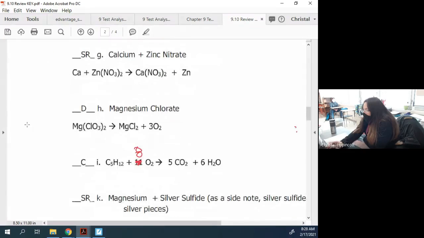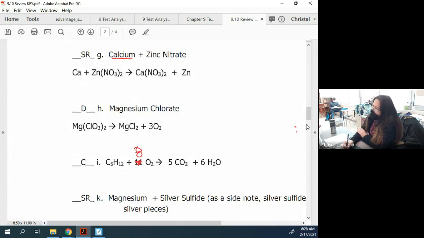Next one, calcium and zinc nitrate. So I have a single element and I have a compound. So this has to be single replacement. If this is single replacement, I need to look at my single element and see what team it's playing for. It's playing for team metal, right? Okay.